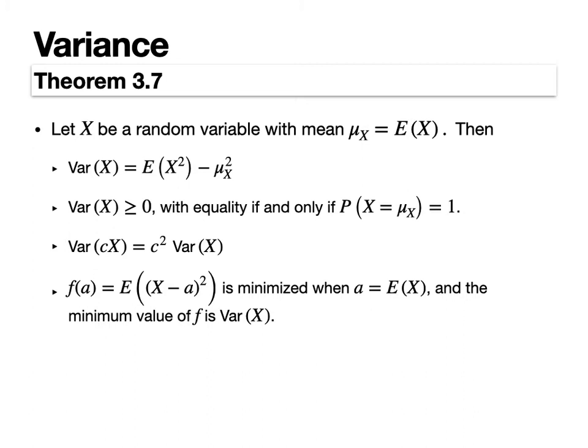Bullet point 3 just says that the variance of a constant times a random variable is the constant squared times the variance of the random variable. So variance, in contrast to expected value, is not linear. You can pull a constant out, but when you do, it gets squared, and that's just because of the definition.